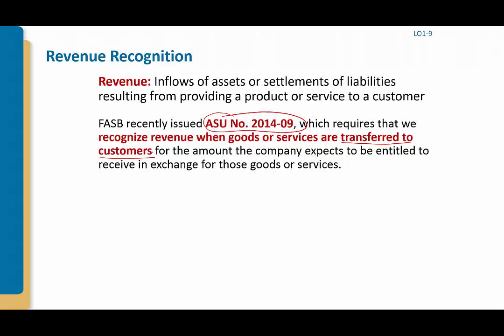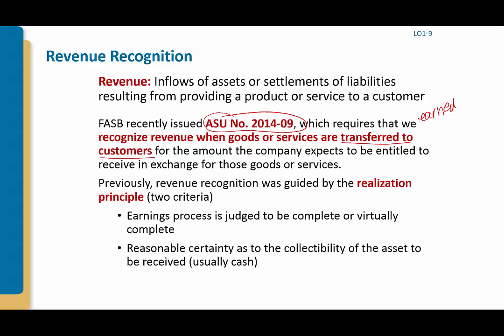Revenue used to be recognized when earned. And now with ASU 2014-09, they're saying for goods or services, it's the transfer to the customer that allows for revenue recognition. Previously, it was through the realization that the earnings process was virtually complete, and collectability.